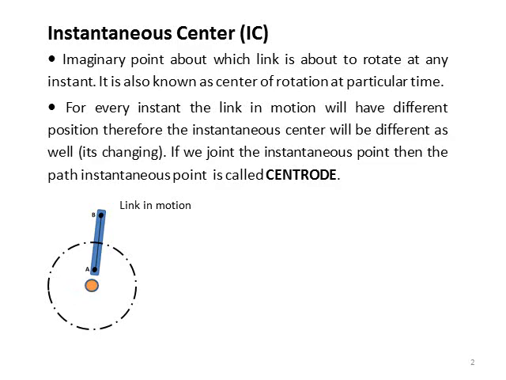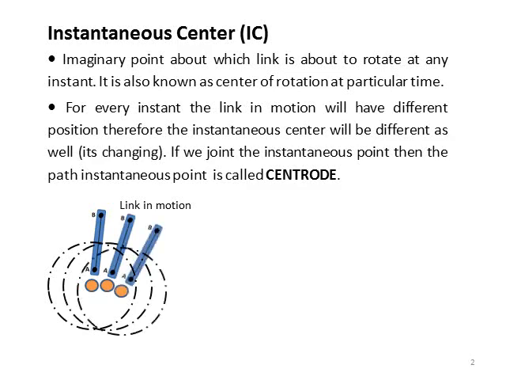What will happen in second number 2? The link is in motion, and then in second number 3, the link moves its position, and the position of the instantaneous center has also changed.